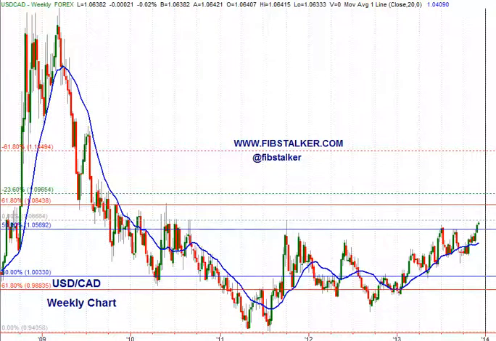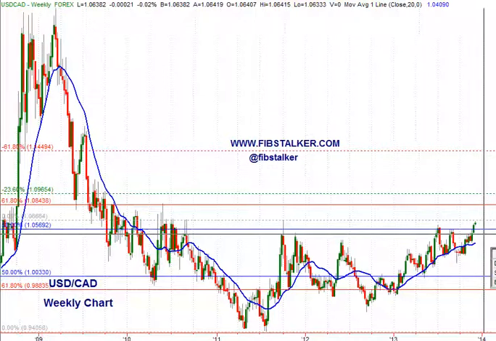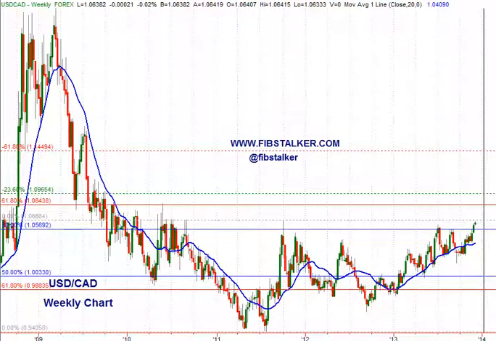And this 108.43 is the level that we have to watch. If price moves above that level, then this is in jeopardy.